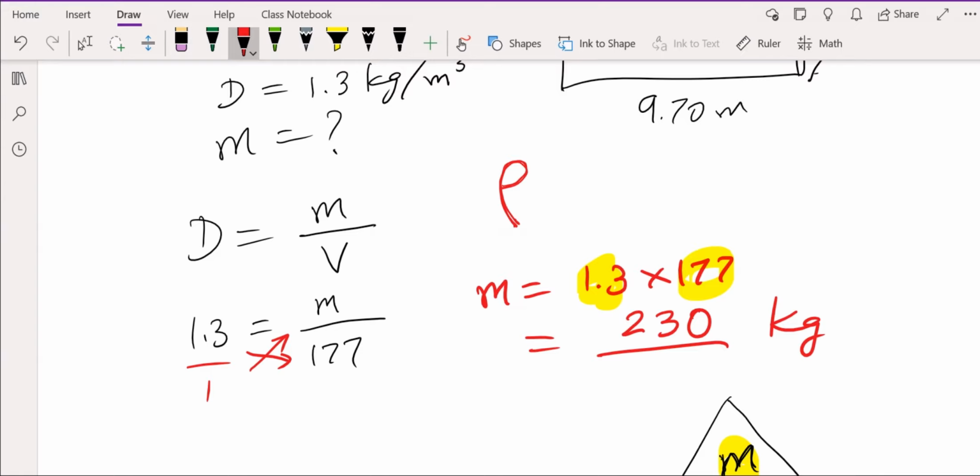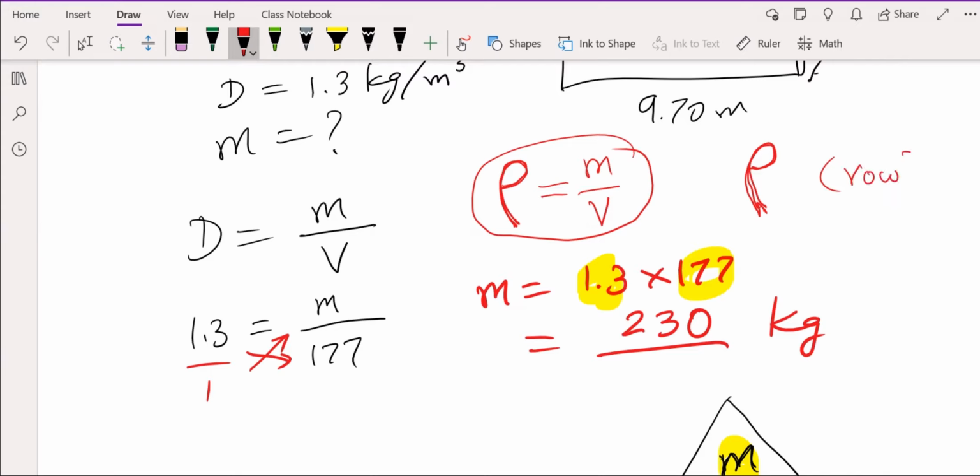So that's why rho is mass over volume. That is the equation. So what is rho? It's a Greek letter. See how it's written down? Just start writing an E and then pull it down. It sounds like rho, R-O-W.